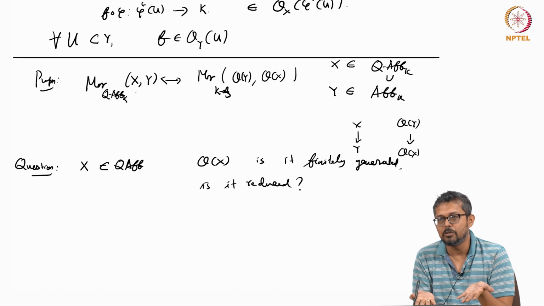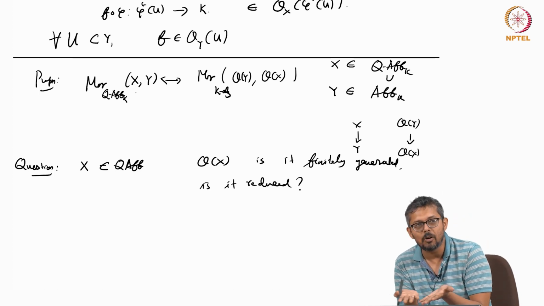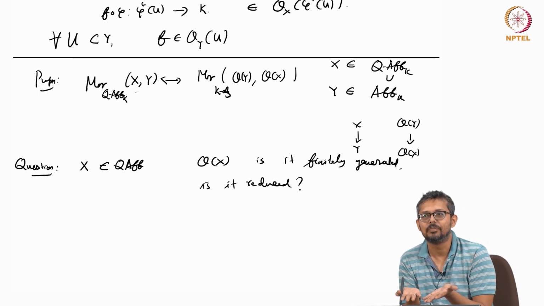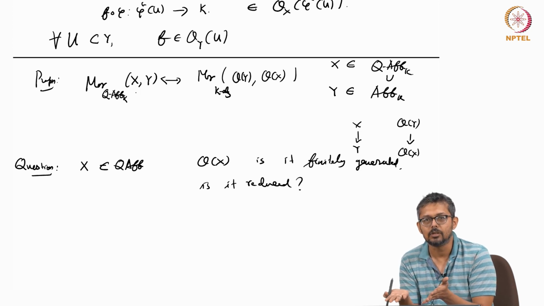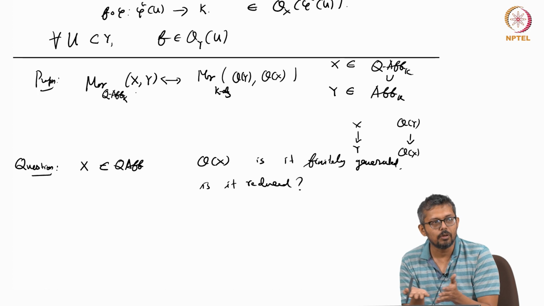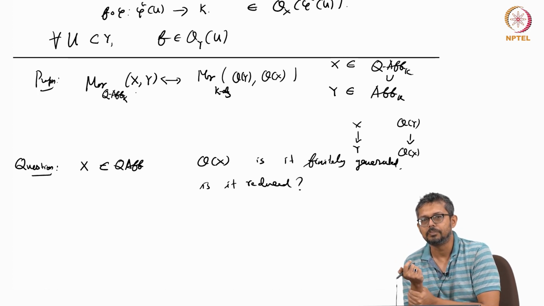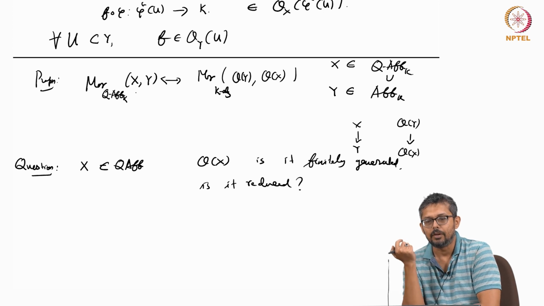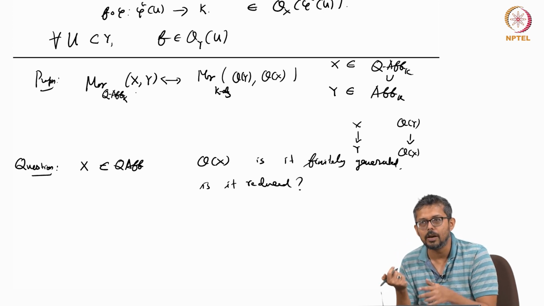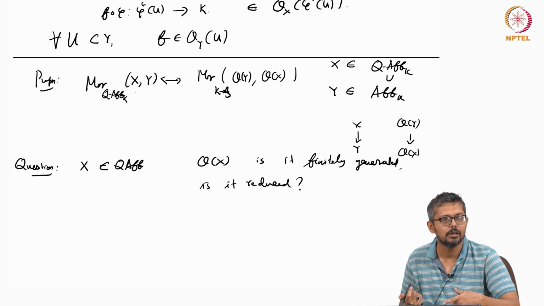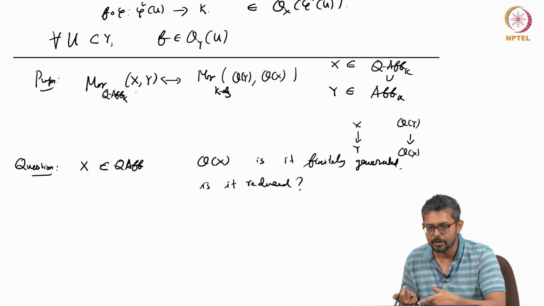The morphism between varieties is determined by what is happening at the global level, whether you have a morphism of OY to OX, right? So functions are more important. Regular functions. Because to check a map from X to Y, you have to check for every open set.